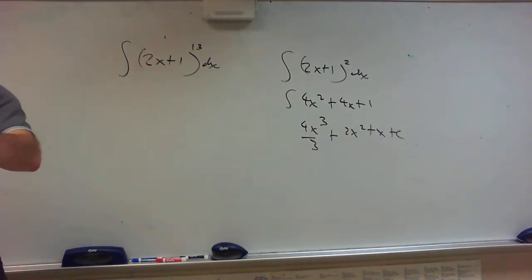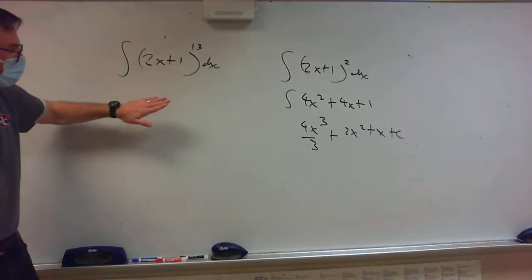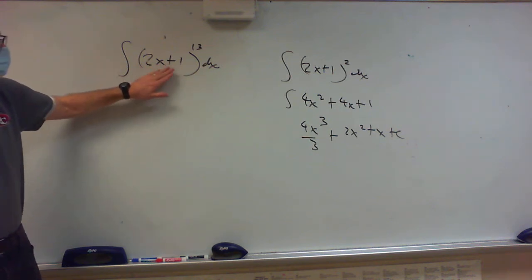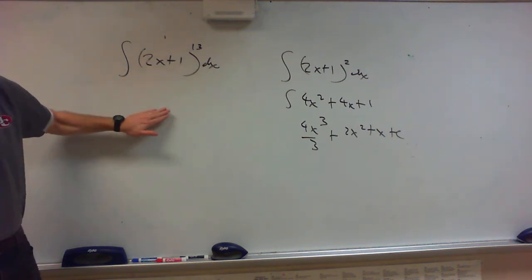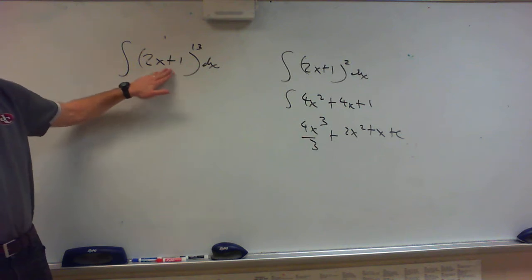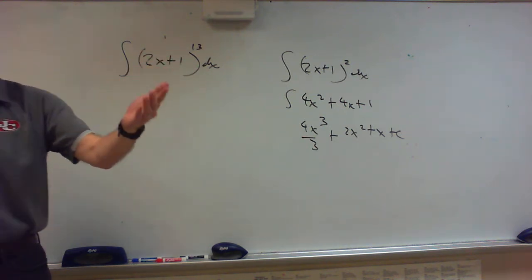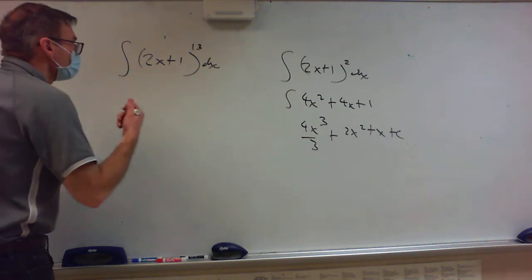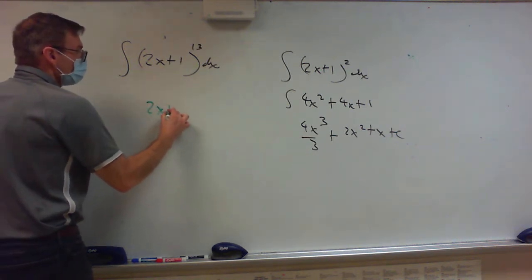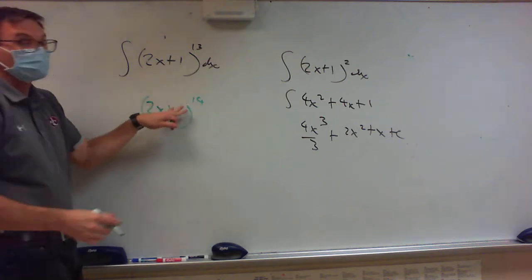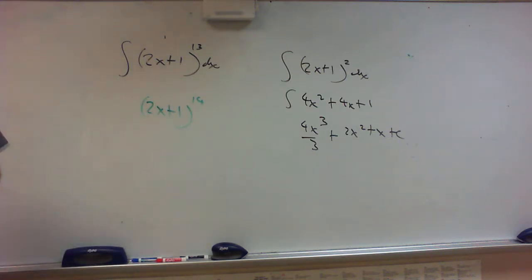Is that easy? And so if you see stuff to the 13th power, what has to go here so that the derivative is going to give me stuff to the 13th power? Stuff to the 14th power. Does that make sense? And so what we're going to do is write down 2x plus 1 to the 14th. So I want everybody to do that right now.